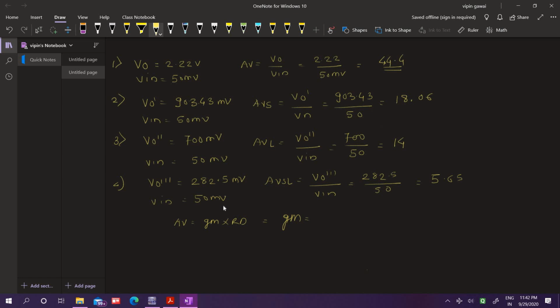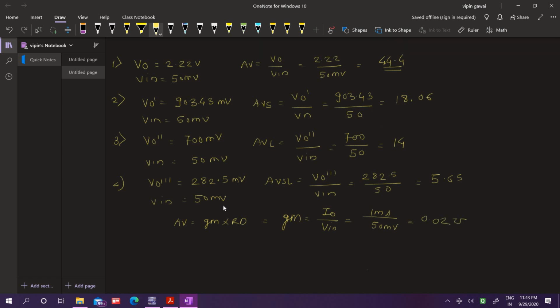As we know, the current and the voltage ratio is nothing but the GM value, so we can directly obtain the value. The current is 1 milliampere and the voltage is 50 millivolts, so it will come across 0.02 Siemens.